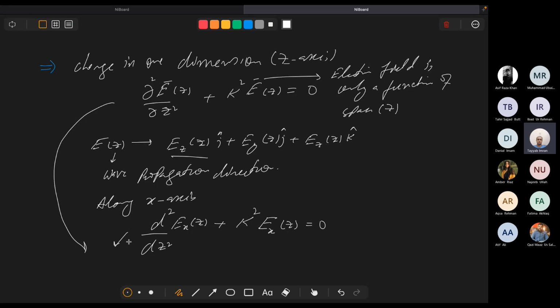And now we don't need to go further. I mean, like partial differential, we need only a simple derivative. And this equation is also called the characteristic equation. It's very helpful to find out some solutions.